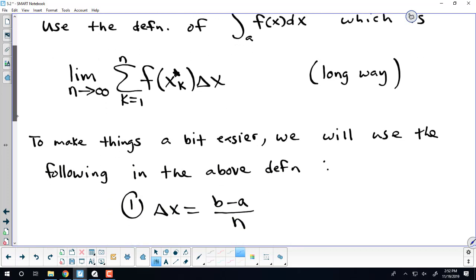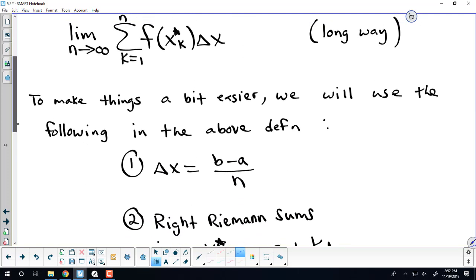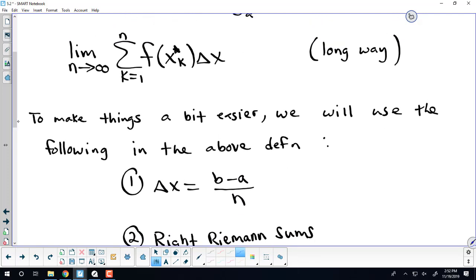And the way we're computing that infinite sum, in order to simplify the computations, what we're going to do is say that our delta x's are still b minus a over n. This x star sub k, we're going to use right Riemann sums because the right Riemann sum was just a plus k times delta x. It didn't have a k minus 1 or a k minus half times delta x.